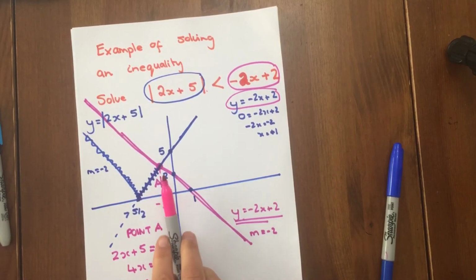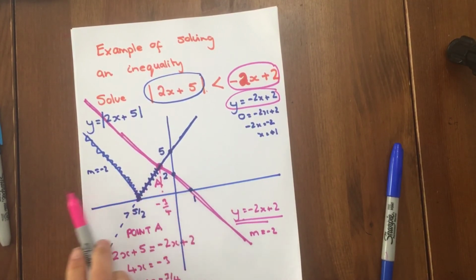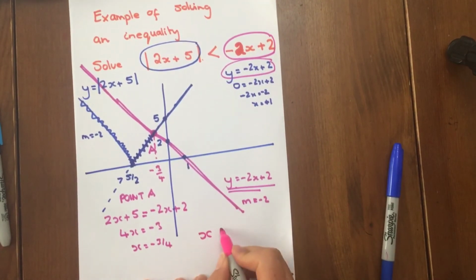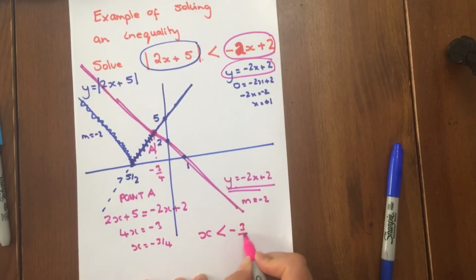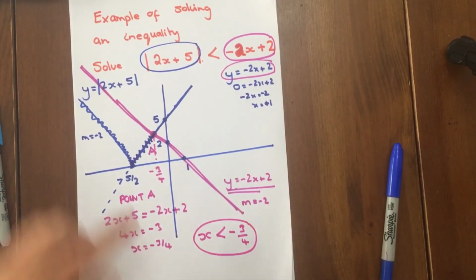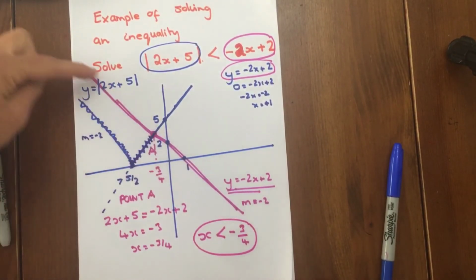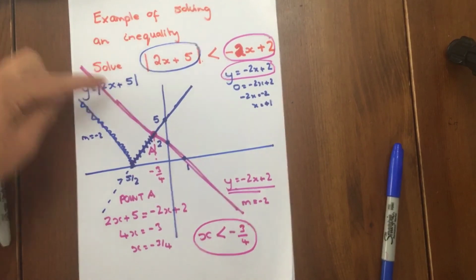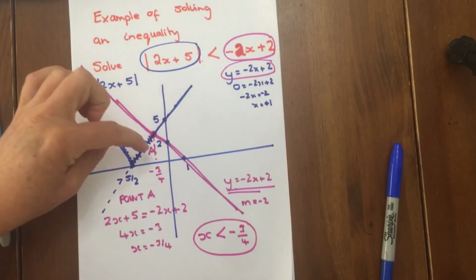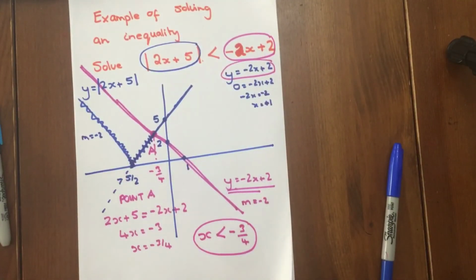So all my values of x less than negative 3/4 will be my solution for when the blue graph is less than the pink graph. If it equals negative 3/4, then they're the same, so it can't equal here.